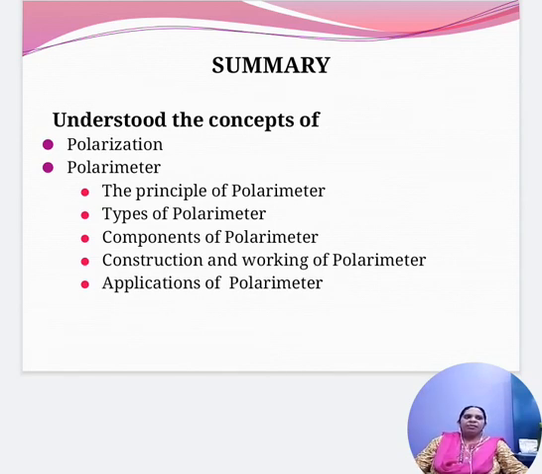Coming to the working principle of the polarimeter, light from the source, which is unpolarized, is passed through the polarizer, which transforms it into polarized light. When this polarized light is passed through the analyzer, the plane of oscillation is maintained and light reaches the screen if there is no sample present between the polarizer and the analyzer.